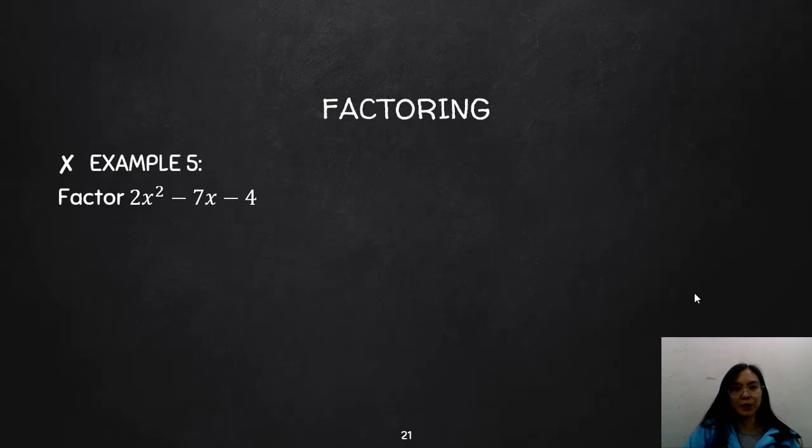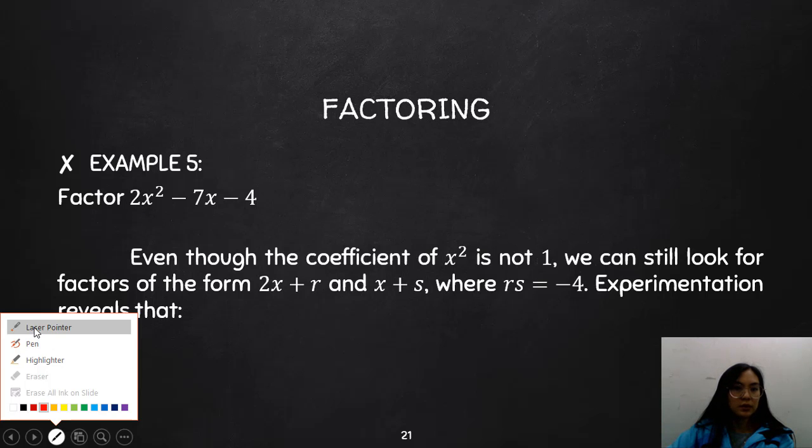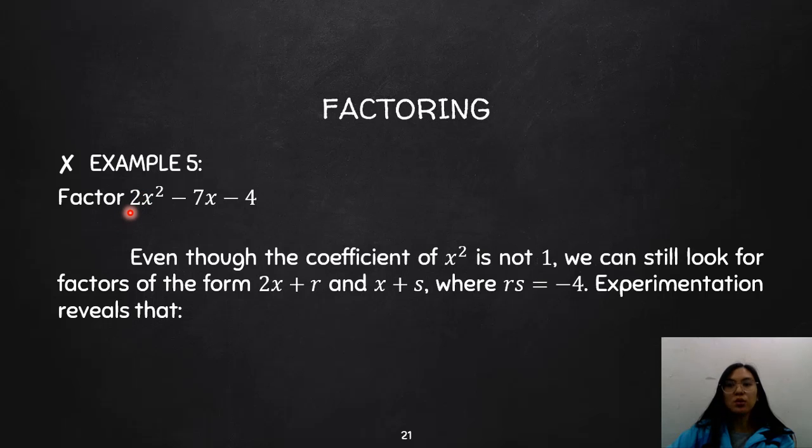So, let's have another example. So, it says here, factor 2x squared minus 7x minus 4. So, it says here, even though the coefficient of x squared is not 1, because in this case, the coefficient is 2, we can still look for factors of the form 2x plus r and x plus s where r times s is equal to negative 4.